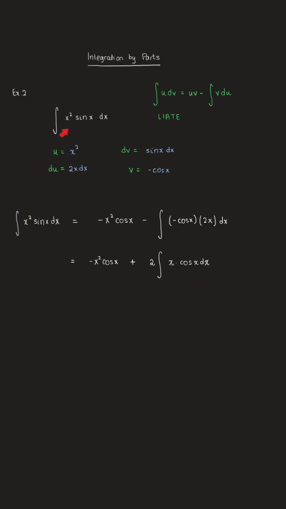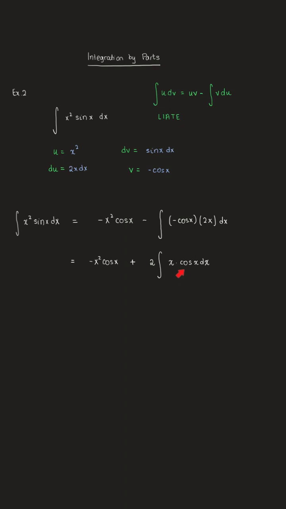Now this is not a simple integral, but if we think about what we have here in relation to what we originally started with, what we started with was an algebraic function x squared times sine x, and what we have here is x times cosine x. We still have a product. This is not a u-sub problem, so we still cannot just do a regular antiderivative or a substitution, but the power of x has decreased by 1.